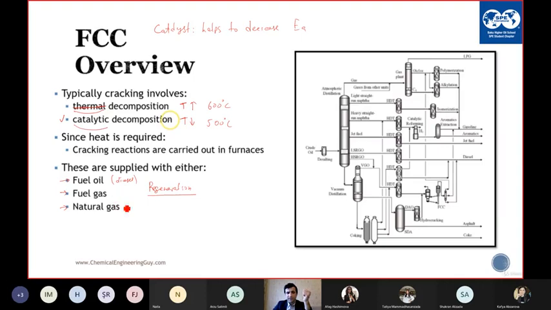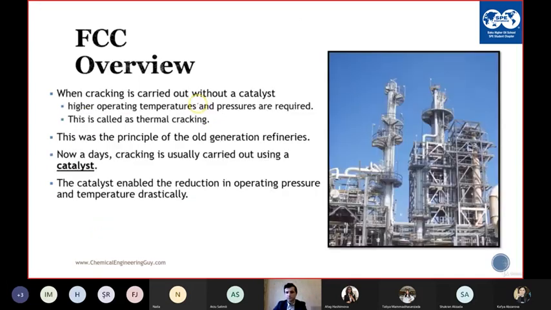Fuel gas is produced in the refinery. It is C1, C2, both of them. But if you don't have enough fuel gas, you purchase natural gas from outside. So that's the main difference between fuel gas and natural gas.